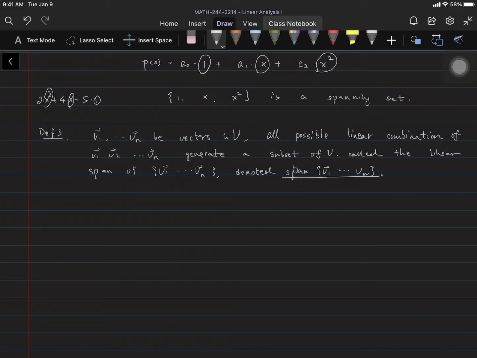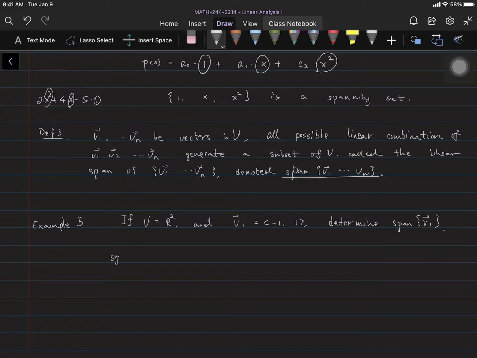So let's take a look at an example. It's hard to understand from here, right? But if we look at several examples, it won't be difficult to understand. Let's see. If V equals R2, two-dimensional space, and we only have one vector, V1, which is (-1, 1), we want to determine the span set spanned by this vector V1.